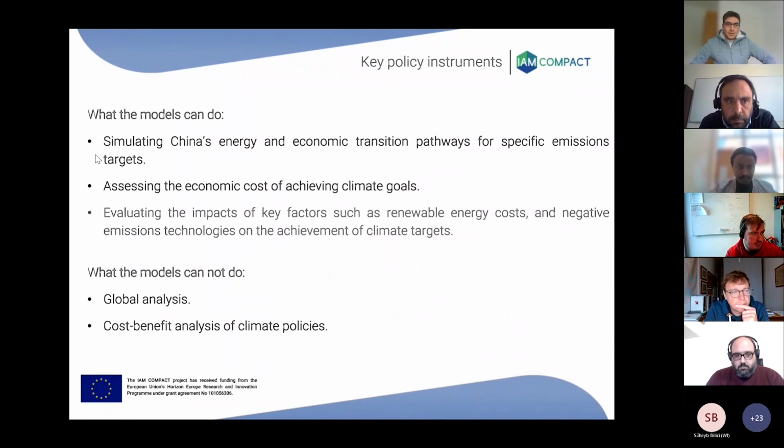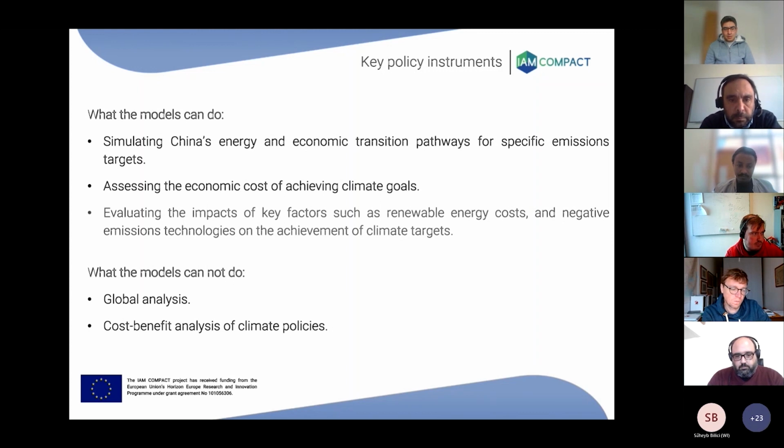Finally, I will introduce what the IMACLIM-China model and the China-Mo model can do and cannot do. First, these models can simulate China's energy and economic transition pathways for specific emissions targets. Actually, these two models are well designed for the analysis of China's carbon neutral targets.